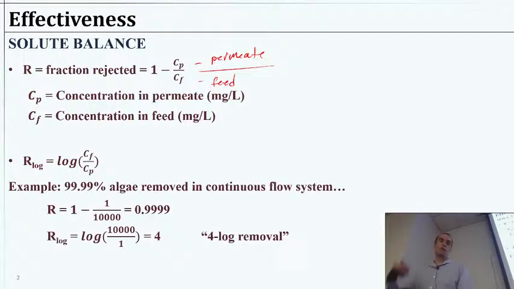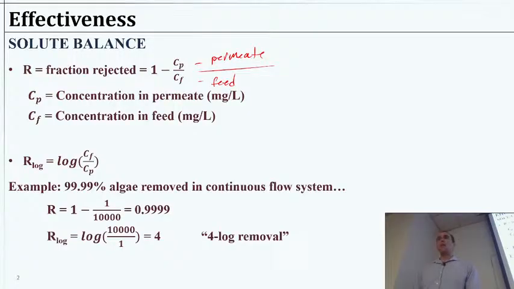Capital R, being used as fraction rejected, is 1 minus Cp, the concentration of the permeate, divided by Cf. This would hold true for a cross flow, like a continuous flow system with the concentrate as well as the feed and the permeate, or also held true in our example with the dead end filtration.